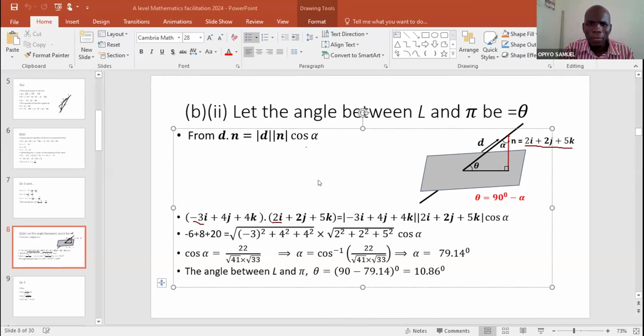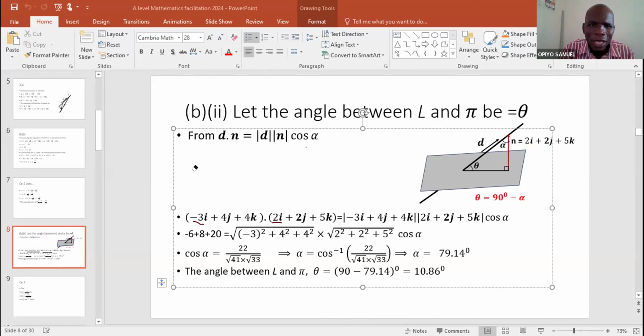On the equation of the plane, you have said that the equation of the plane... I think maybe your network is not very clear, Musa. Maybe you speak again. On the equation of the plane, I've not got it.